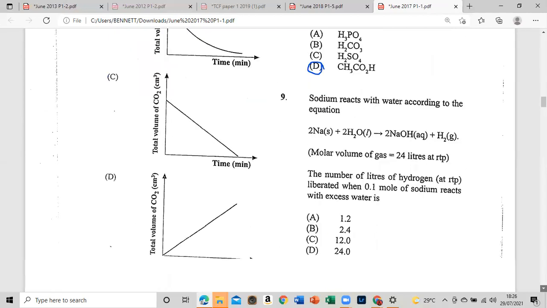Number 9, sodium reacts with water according to the equation 2 sodium plus 2 water equals, and that is 2.24 liters at RTP. The number of liters of hydrogen at RTP evolved when 0.1 mole of sodium reacts with excess water is 1.2. That was done earlier.